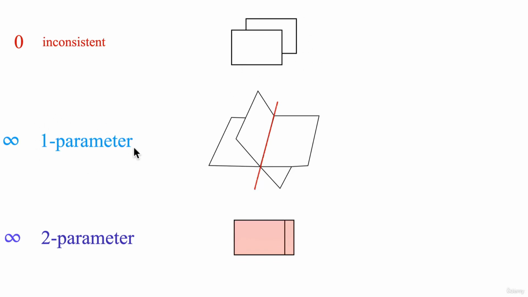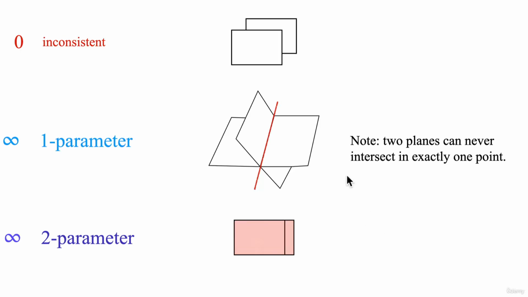In the second case we have a 1 parameter solution, so all the points on the line give 1 solution, and so it's like infinitely many solutions. Or we have 2 parameter solutions. Each point on the plane gives 1 solution.